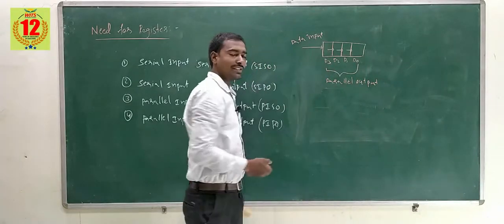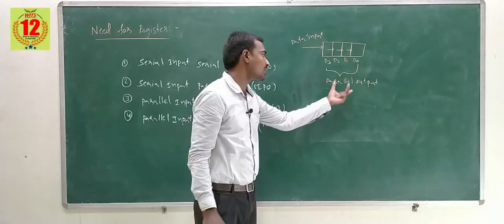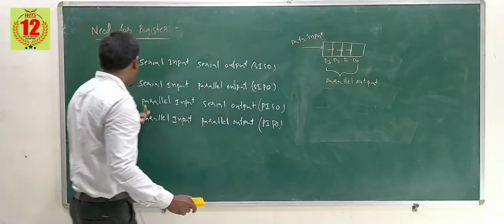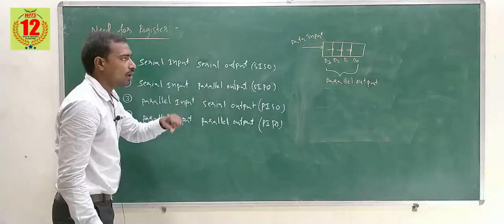Here input is given in serial form and the output is collected in parallel form. And the third one, parallel input, serial output.